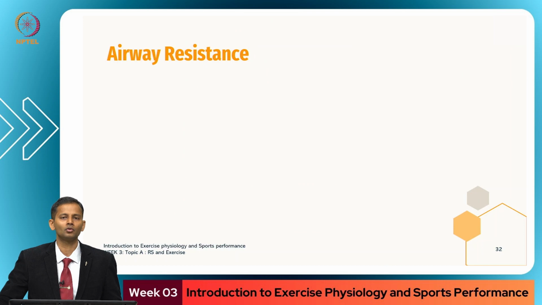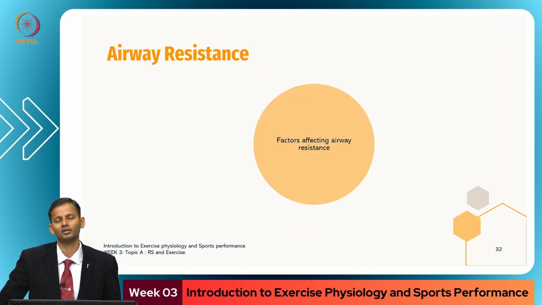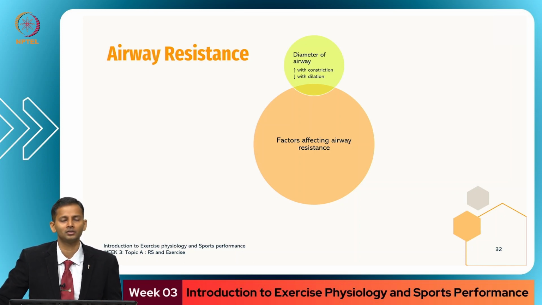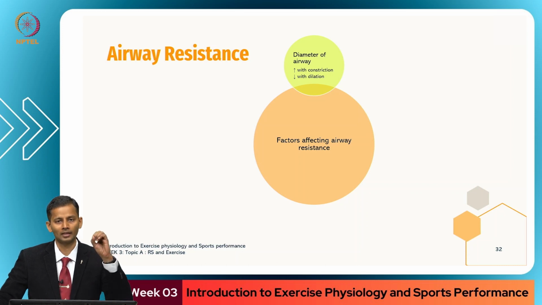So we need to know also about the airway resistance, as we have mentioned as one of the important factors. The airway resistance is dependent on the diameter of the airway, which is the most important factor. Whenever the diameter decreases, the resistance will increase. So bronchoconstriction and the agents that cause bronchoconstriction will increase the resistance. So there will be forceful expiration. There is additional need for your expiration.